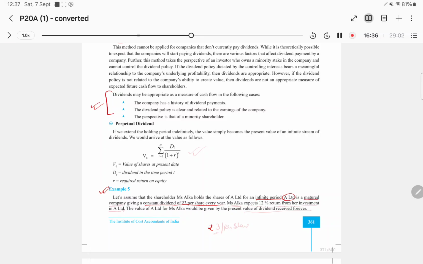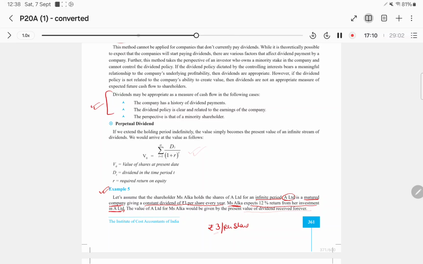So the word used here is matured company, meaning it is earning well. And it is giving a constant dividend of ₹3 per share every year to its shareholders. Miss Alka expects a 12% return from her investment. Miss Alka is an investor who is expecting a return of 12% from her investment in the company A Limited, which is a matured company as per the question.